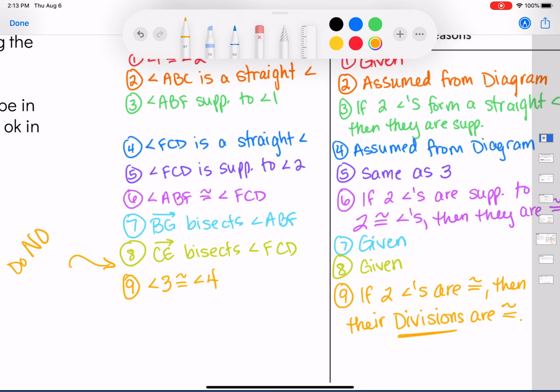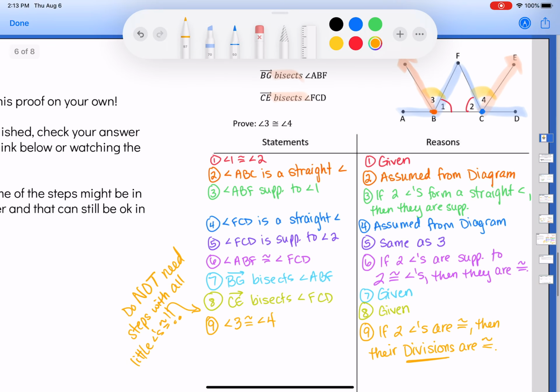Do not need steps with all little angles congruent. The book sometimes includes those steps. You don't have to. Too much time, too much of a chance to write something wrong, wasted writing, you don't need it. You just have to have the word bisect, and you have to have the big angles congruent in order to use the division property. Boom. That's it. Straight to the division property.